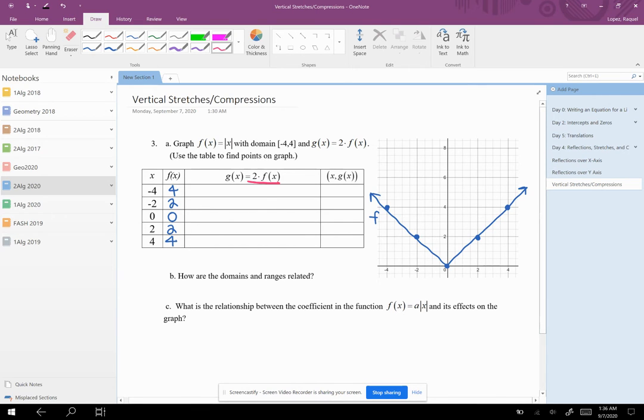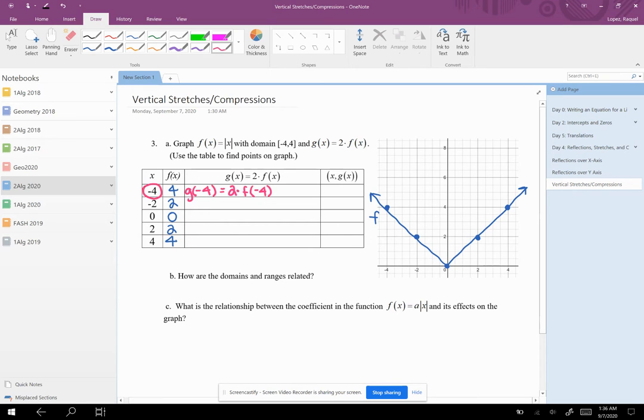So we're doing 2 times f of x. Let's get started. We're going to take g of -4, and I have to write kind of small here, so I apologize for that. g of -4 equals 2 times f of -4. We actually know what f of -4 is.